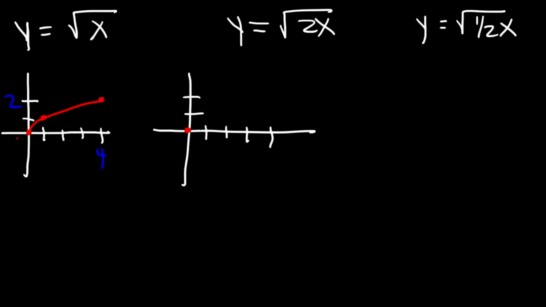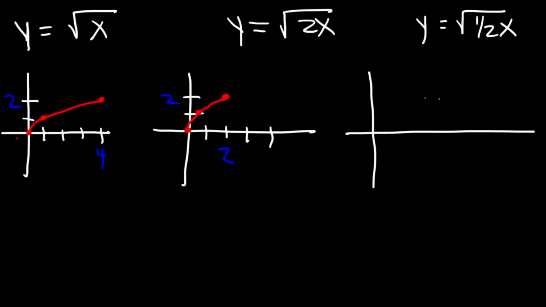We said when x is a half, y will be 1. And when x is 2, y is 4. So for the same y value of 2, x is no longer 4, but is 2. So as you can see, the x value was reduced by 2. And that's why this is known as a horizontal shrink. It shrinks the x values by a factor of 2.